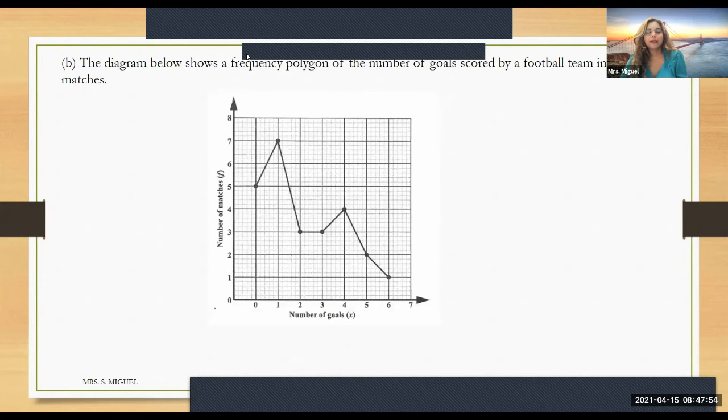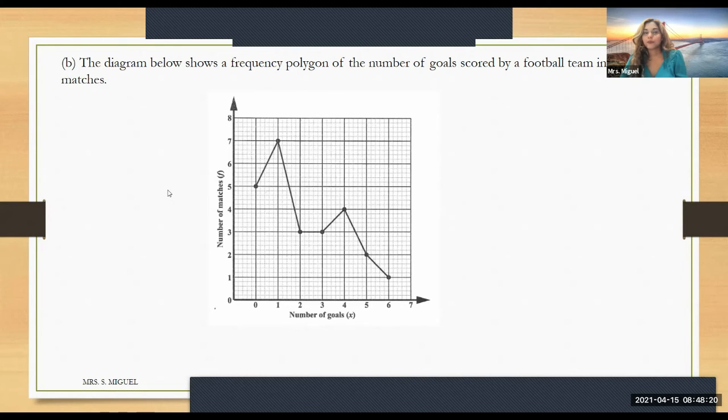The diagram below shows a frequency polygon on the number of goals scored by a football team in 25 matches. Now, in this question the frequency polygon is not closed. If it really was a frequency polygon, the lines would have come down straight to the x-axis.